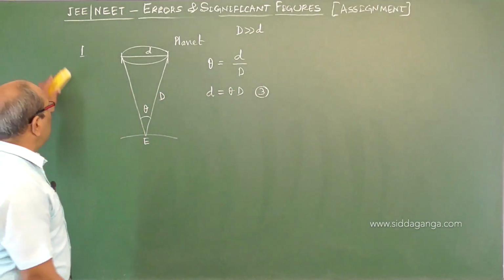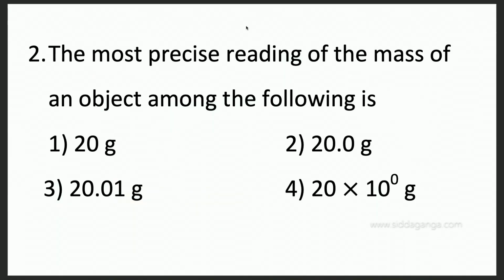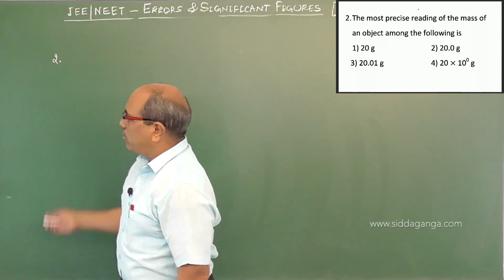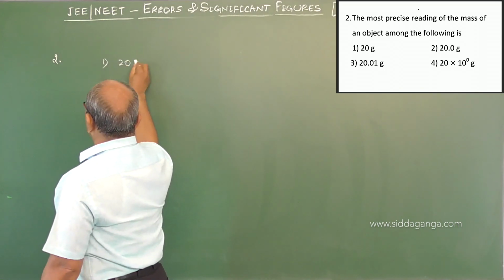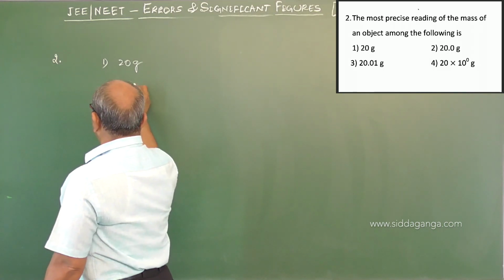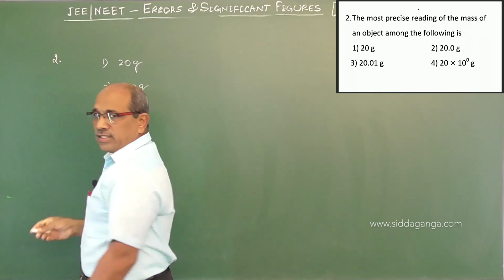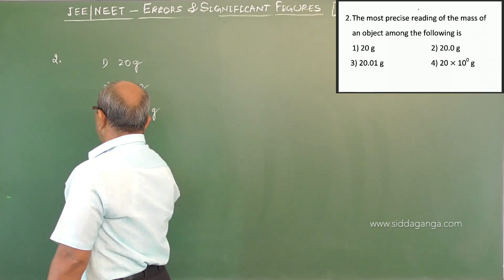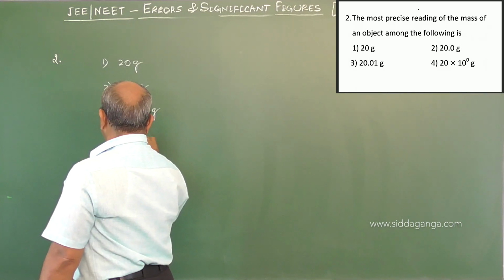Go to the next, number 2. The most precise reading of the mass of an object among the following is. When they use precision, see the answers: 20 gram, second one 20.0 gram, third one 20.01 gram, and fourth one 20.0 gram.